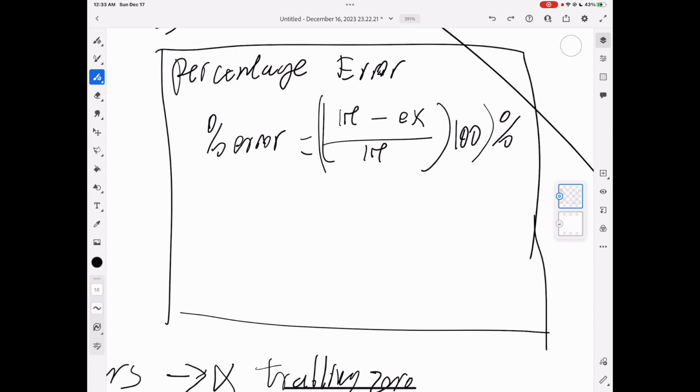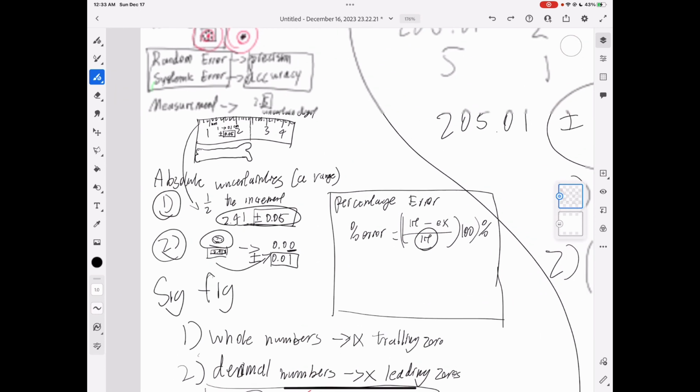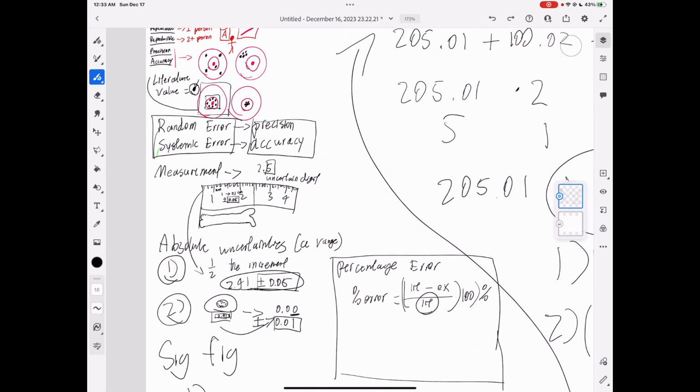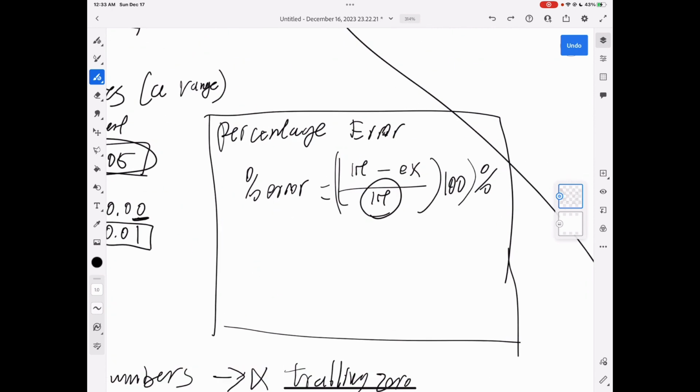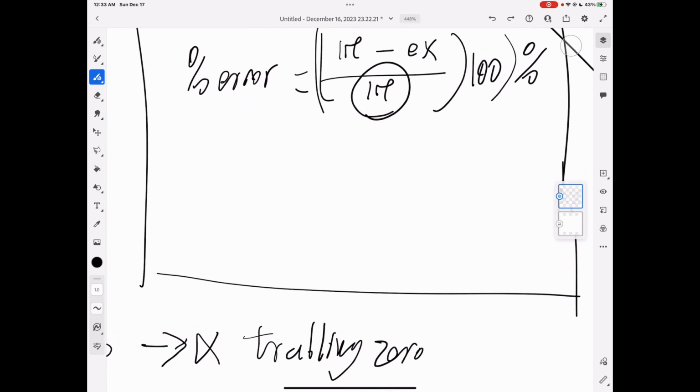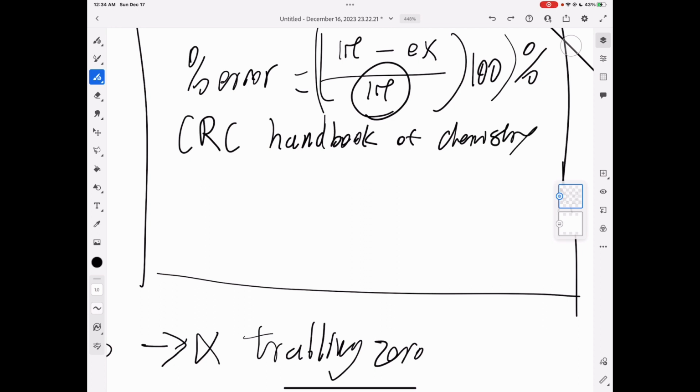So what you might be asking, where do we even find this literature value that we talked about earlier? Well, two sources that are commonly used are the CRC Handbook of Chemistry, and the NIST Chemistry Webbook.